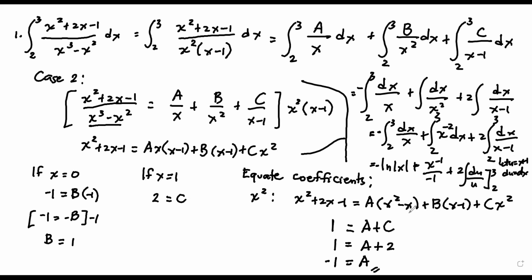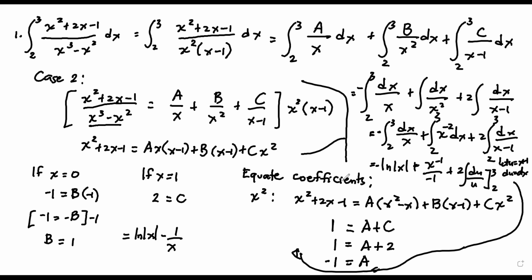And then, where will I write it? When we simplify this one, the final answer is, I'll just write it here. ln absolute value of x minus 1 over x, 1 over x, right?